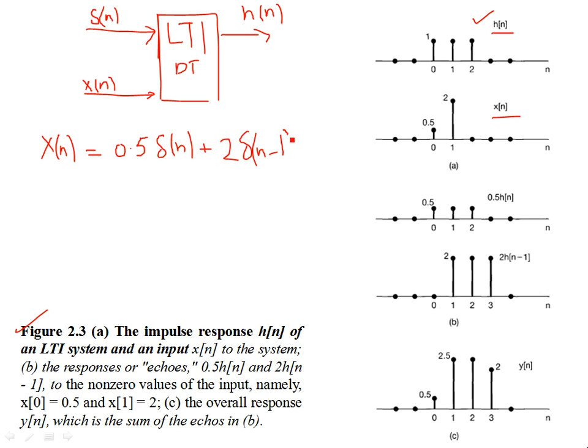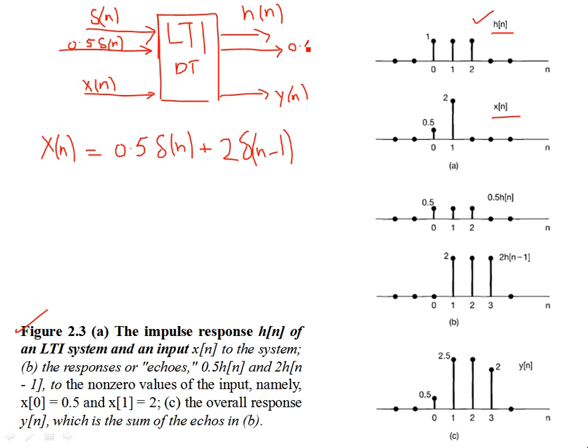Now if we have this decomposition, then it's easy to see what the final output y of n will be. This is done graphically in this figure, shown in parts B and C. If I apply an input of 0.5 delta n, and I know that the system is linear, that means if I scale the input by a weighting, let's say 0.5, then my output, which is h of n, will be scaled by the same amount.